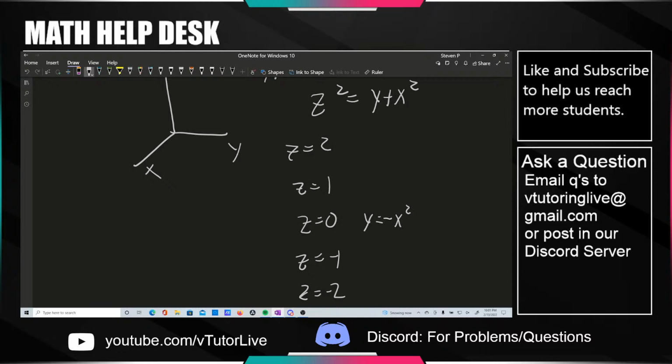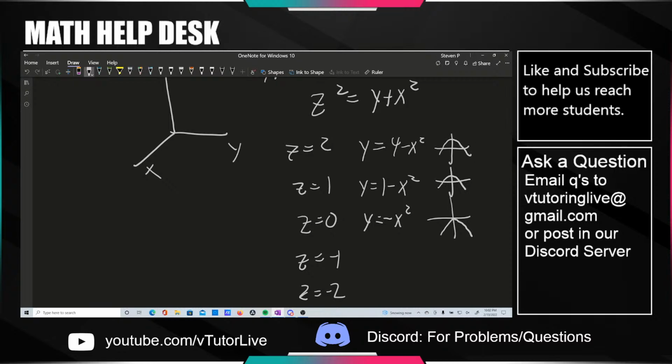Minus x squared. And that's obviously just an upside down parabola. For z is equal to 1, that turns into y is equal to 1 minus x squared. And similarly here, it's y is equal to 4 minus x squared.